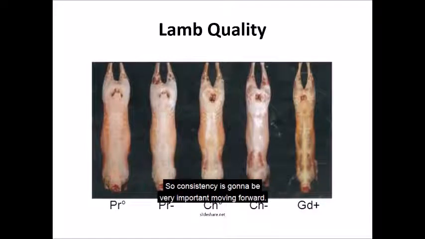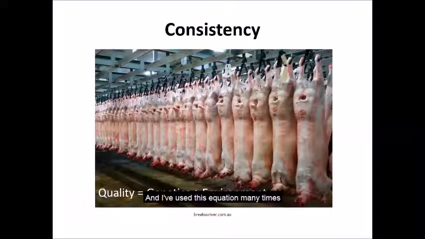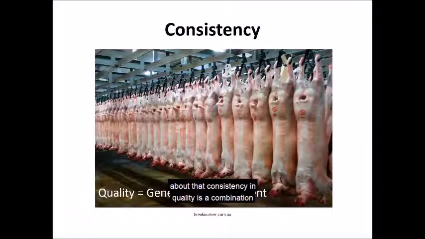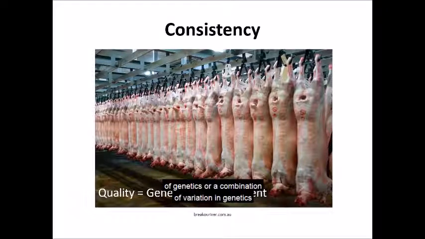Okay, so consistency is going to be very important moving forward. And I've used this equation many times, but that consistency and quality is a combination of variation in genetics and the environment necessary for building a brand.